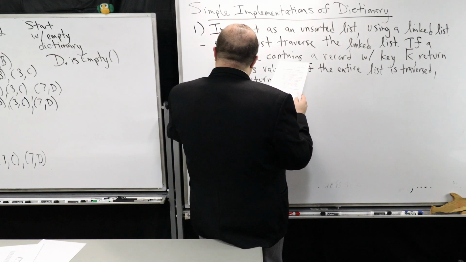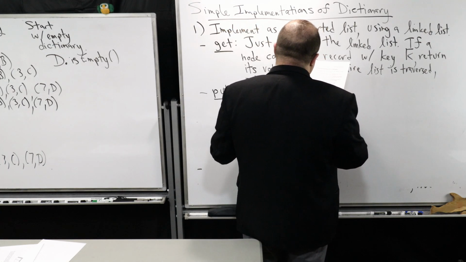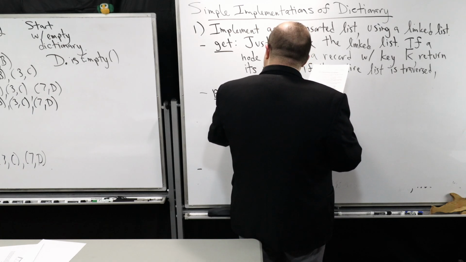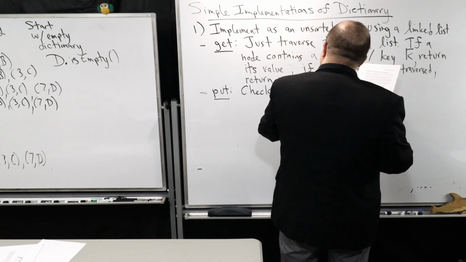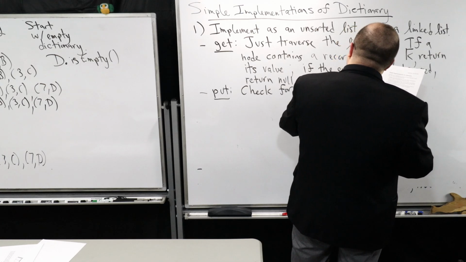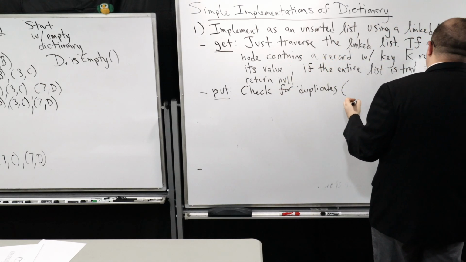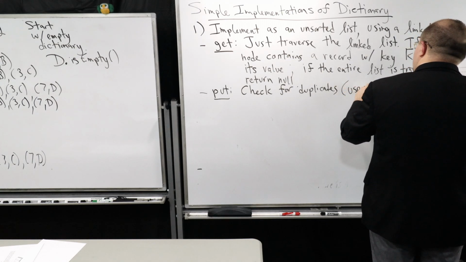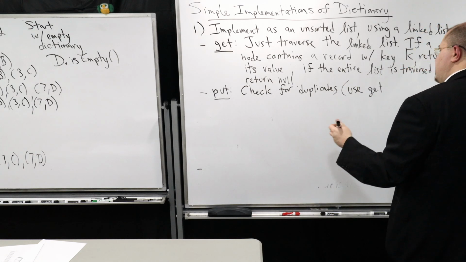So next we have put. First, what we do is first check for duplicates. So you can just simply use get, for example, to accomplish this. You can use get, or you could just traverse through the linked list again. Either one's fine.